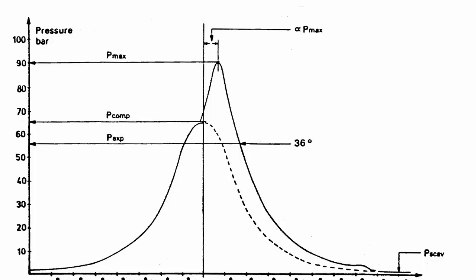One of the features we're going to talk about first is variable injection timing. Variable injection timing is very, very significant and very important for engines running on heavy residual fuels.